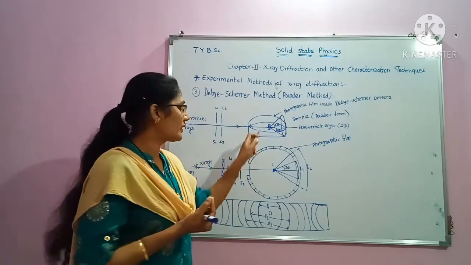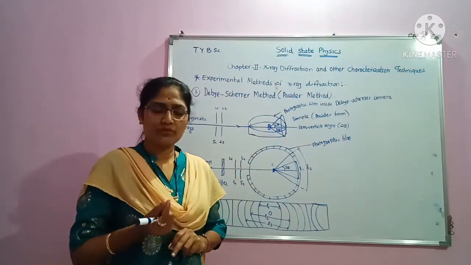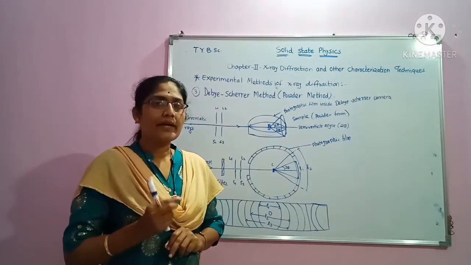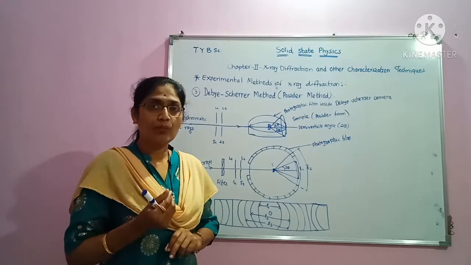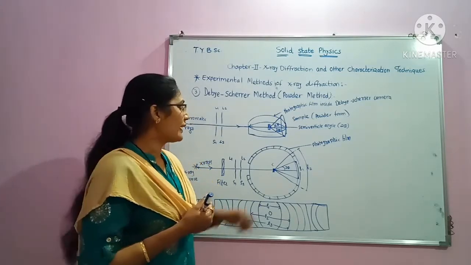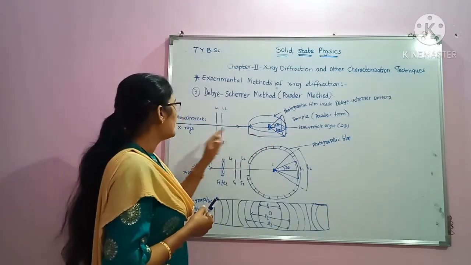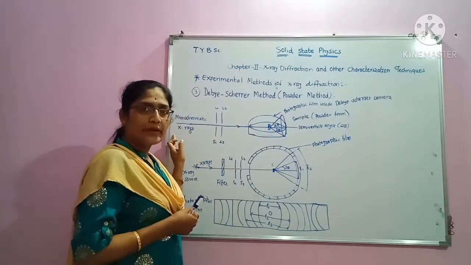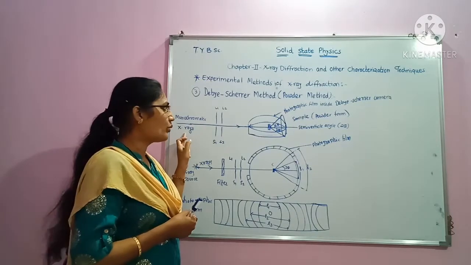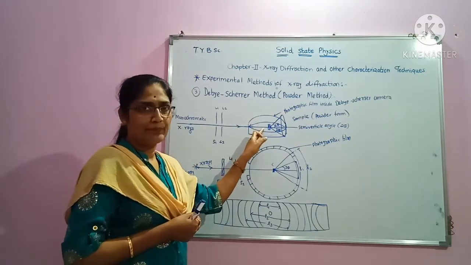The material is attached to that hair with the help of glue or gum, and it is suspended at the center of the camera, and after that a monochromatic beam of X-ray is allowed to be incident on that sample.